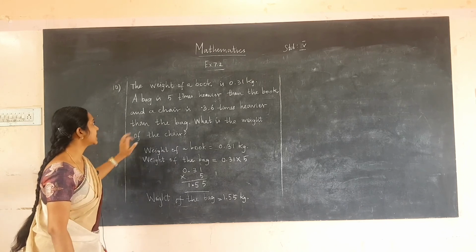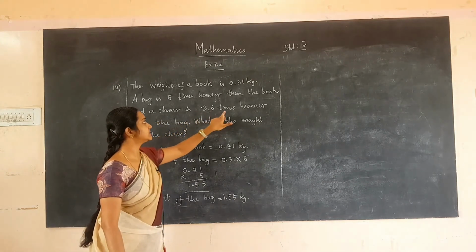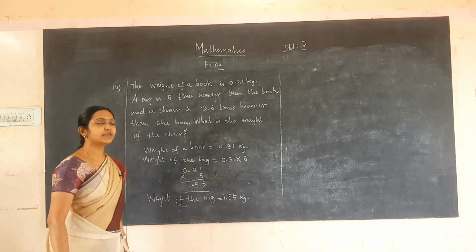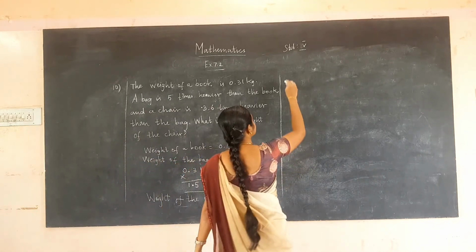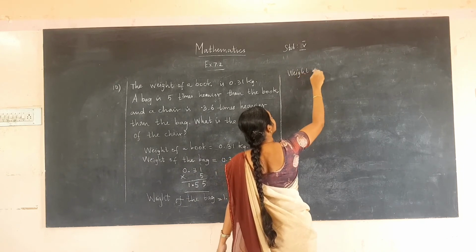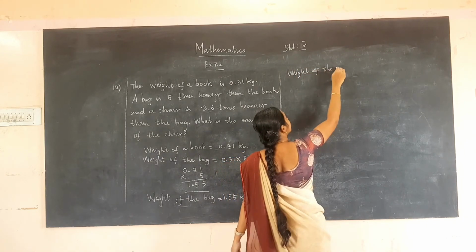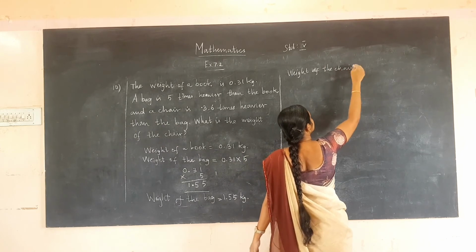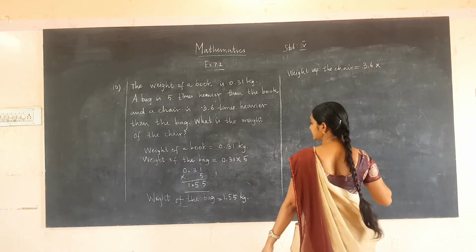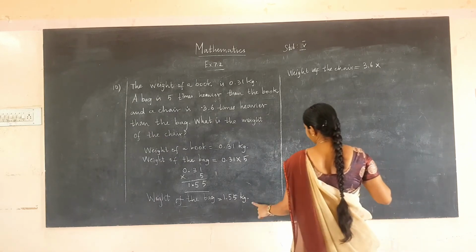Next it is given that a chair is 3.6 times heavier than the bag. What is the weight of the chair? Weight of the chair is 3.6 times heavier than the weight of the bag.